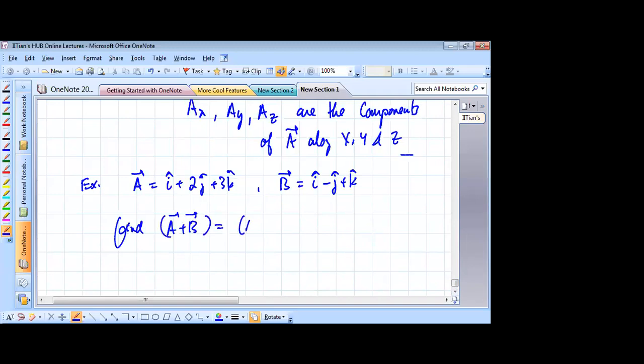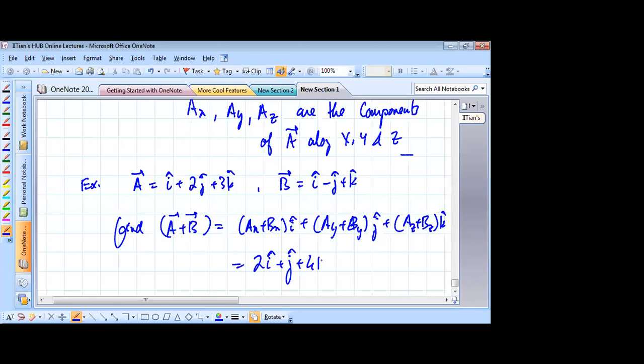It will become E's x component plus B's x component, sum of y components, but now along with that, there's a sum of the z components. So from above you can see sum of x components will become 2, sum of y components will become 2 minus 1, so that will become 1, and sum of z components will become 3 plus 1, so 4. So that is now your E plus B.